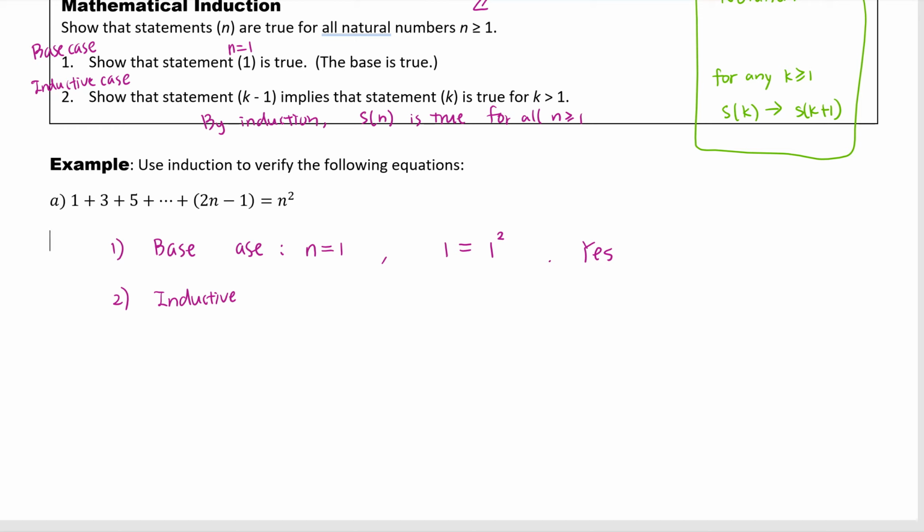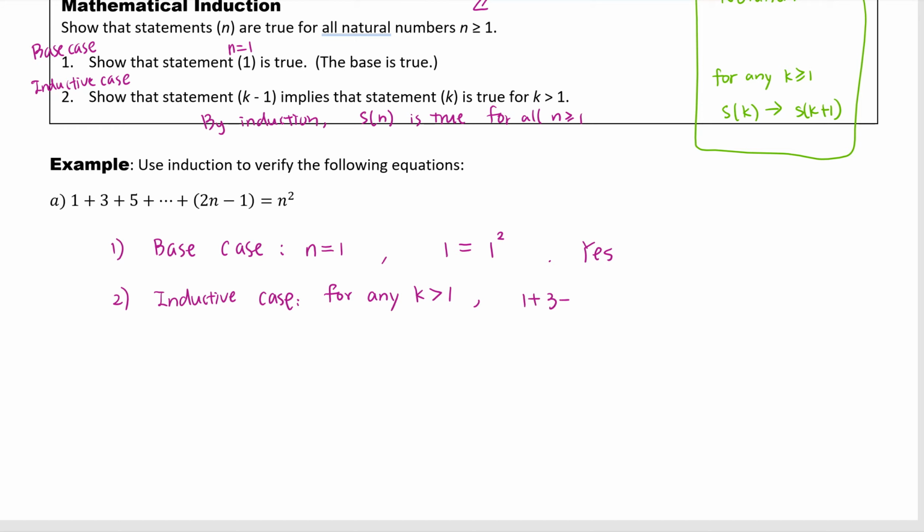Second is the inductive case. Oops, I just realized I have a typo. Okay, inductive case: for any k greater than 1, we assume that S of k minus 1 is true, which means we replace n by k minus 1.